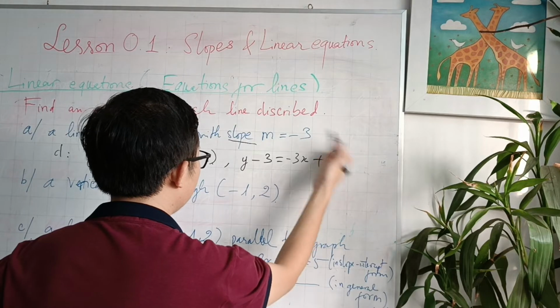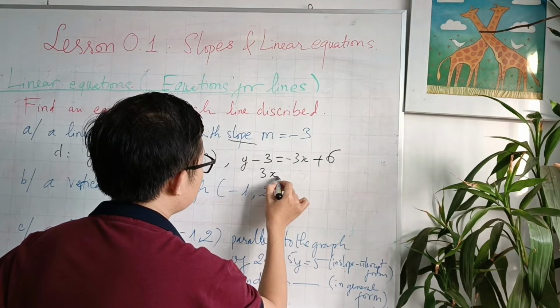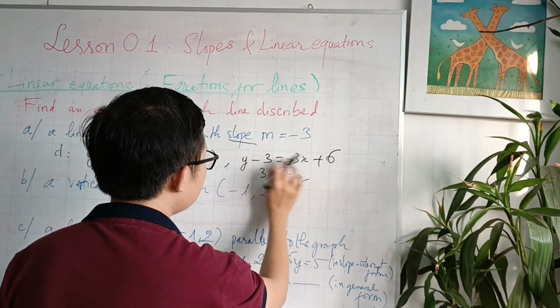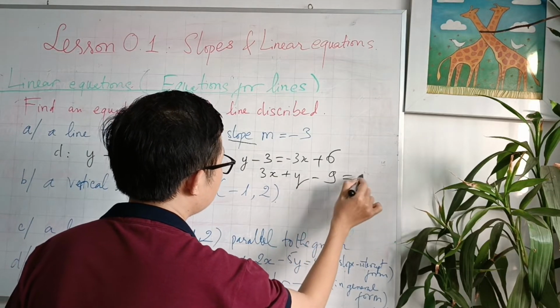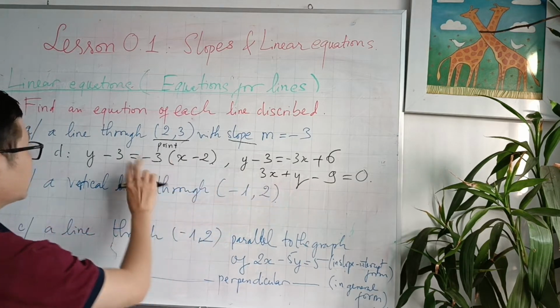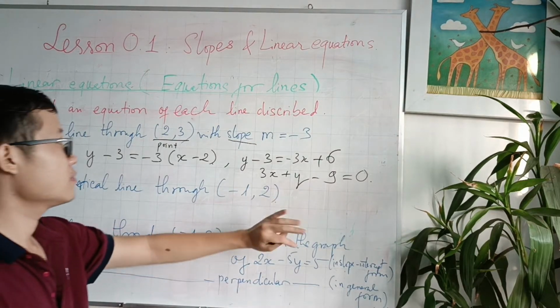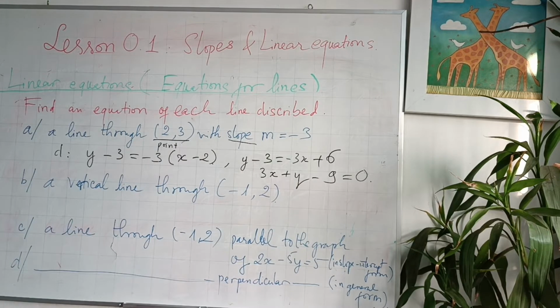Hence we write 3x plus y minus 9 equals 0. This is the general form of this line. We just expand this expression, and we have the final form for the general.